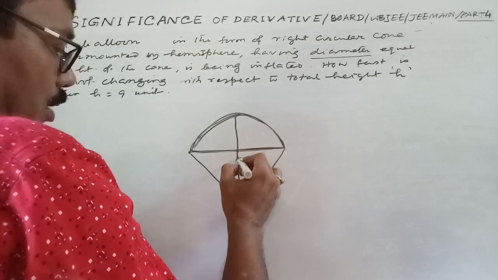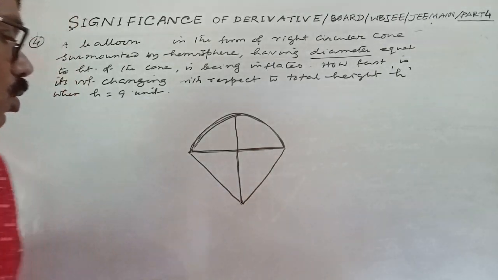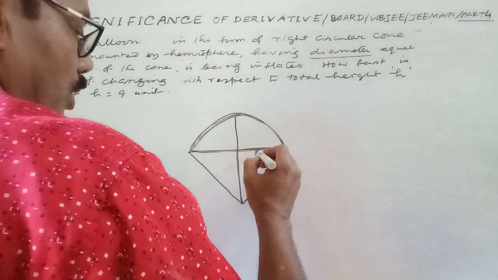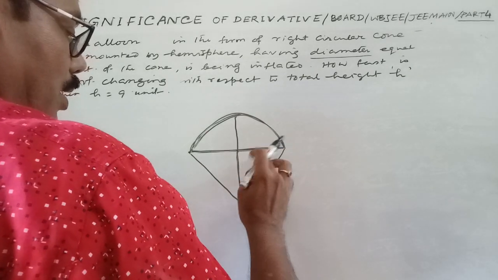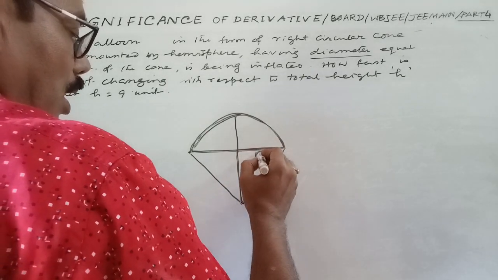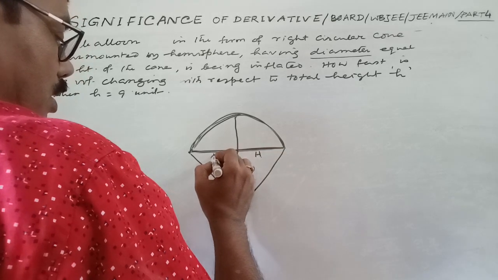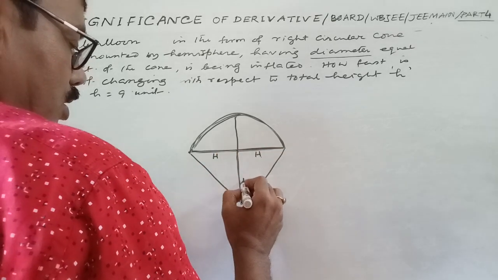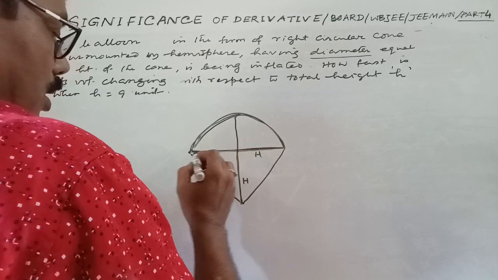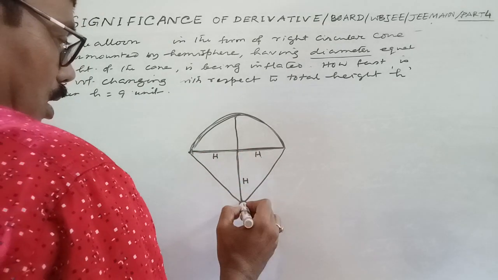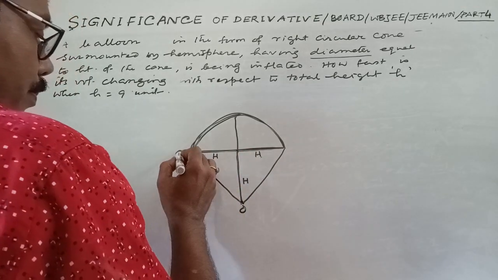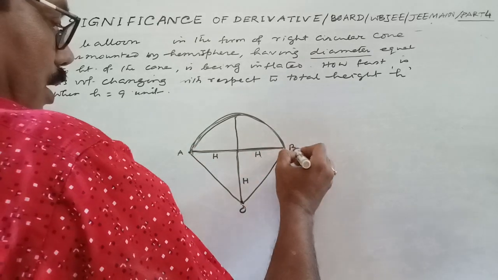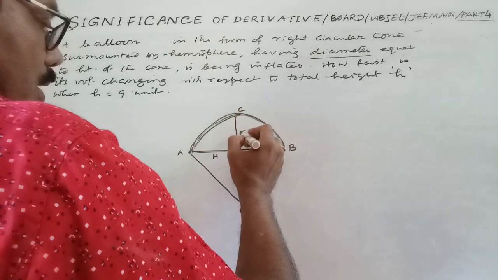So diameter equals the height of the cone. So this is H, this one is H, this one is H. This is O, this is A, B, this is C.